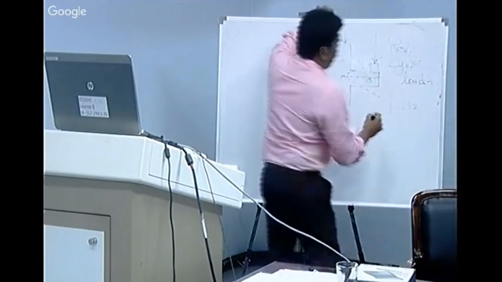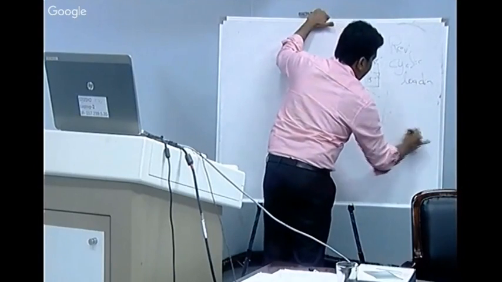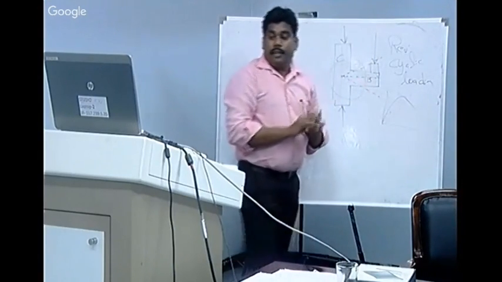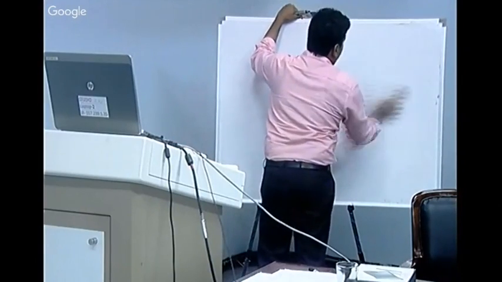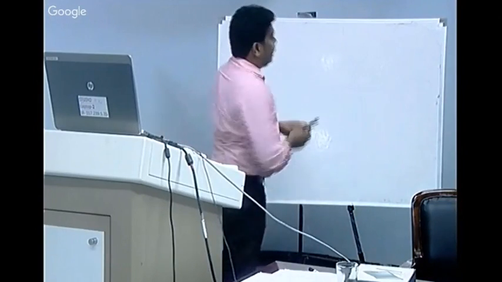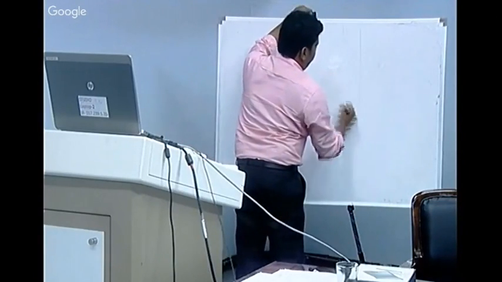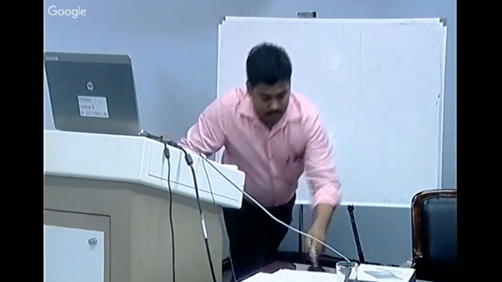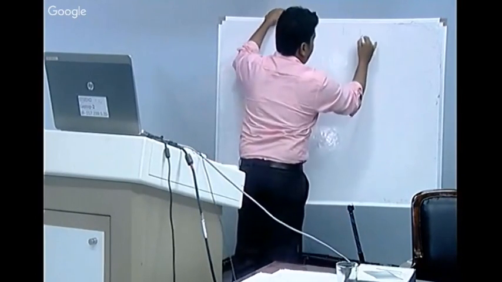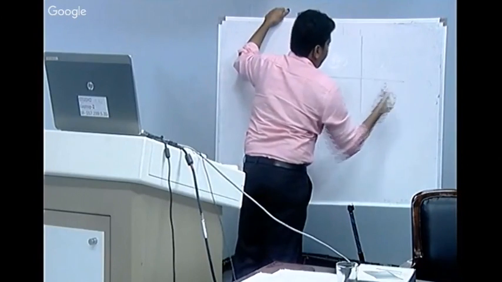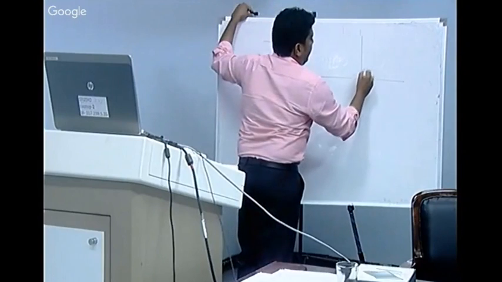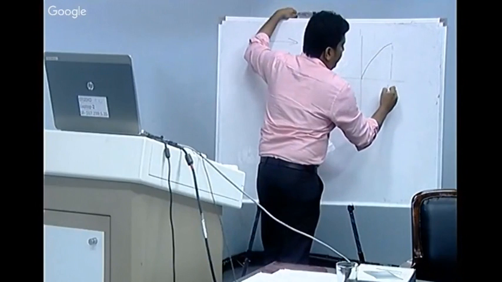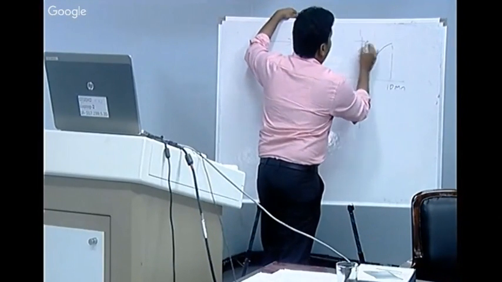Now, in static testing, the output will be in the form of a load versus deflection graph. Whereas in this kind of testing, the output will be in the form of a loop. That loop is generally referred to as a hysteresis loop. When I apply loading like this, it will go like this, up to, say, 10 mm deflection, and the load is 10 kN.